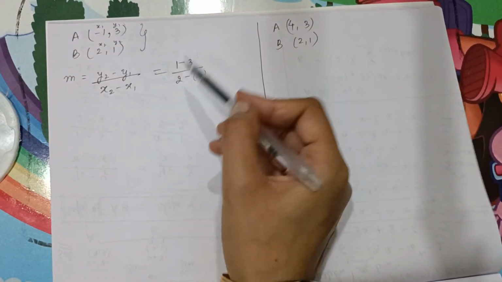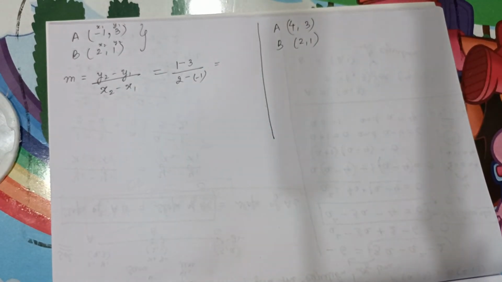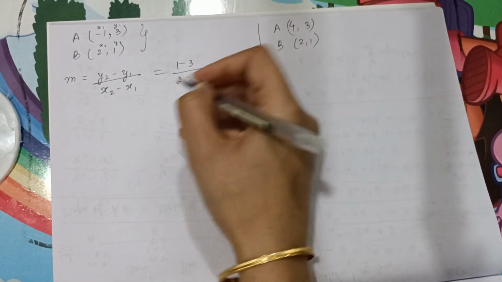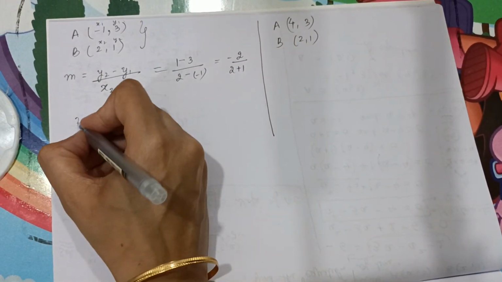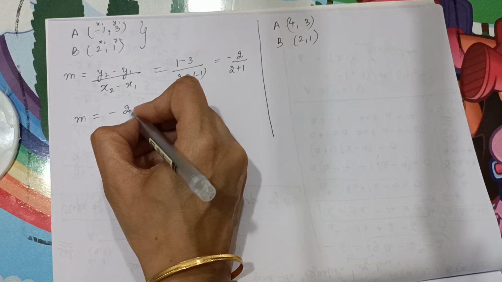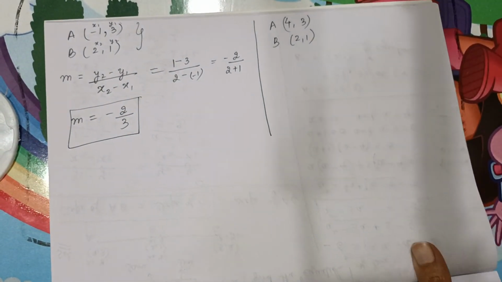So 1 minus 3 and 2 minus of minus 1. 1 minus 3 is minus 2. 2 minus minus 1 means 2 plus 1. So the slope I am getting here is minus 2 upon 3. This is the value of slope we have got.